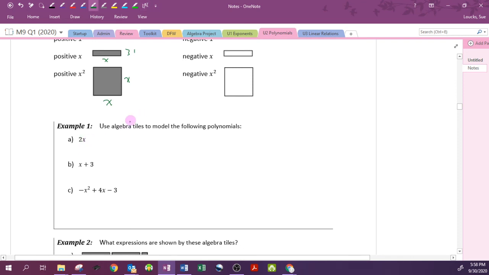So we have 2x. That means I have one x tile and another x tile, and they are both colored in because it's positive. Now, I don't expect these to be perfect, but I do expect them to be reasonable, and they shouldn't be oval.